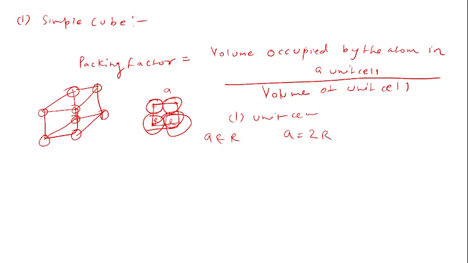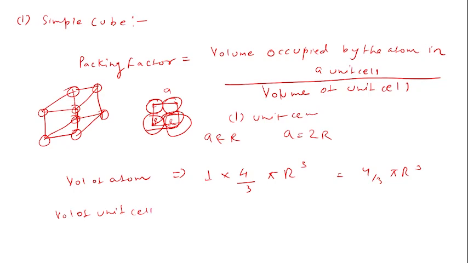Now the volume occupied by the atoms in one unit cell. How many atoms are present in this unit cell? That is one only. The volume of a sphere is 4 by 3 pi r cube. Then the volume of the unit cell: your lattice parameter is a, so the volume will be a cube, which you can also write as 8 r cube.